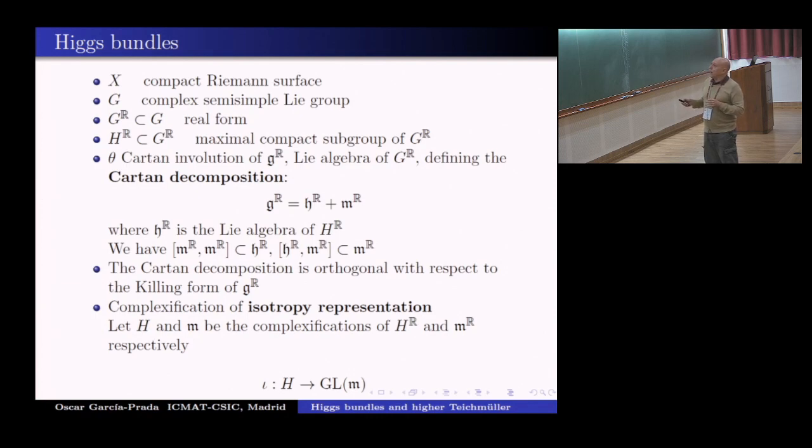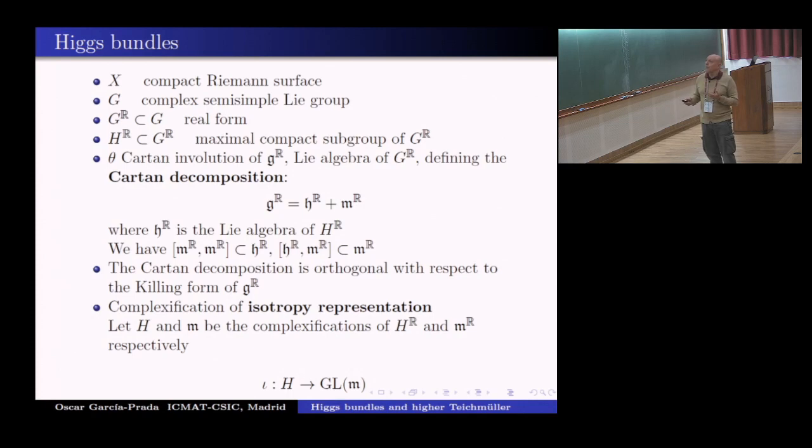So we have a decomposition in terms of the Lie algebra of the maximal compact HR, and then MR, which is the orthogonal complement with respect to the Killing form on GR.